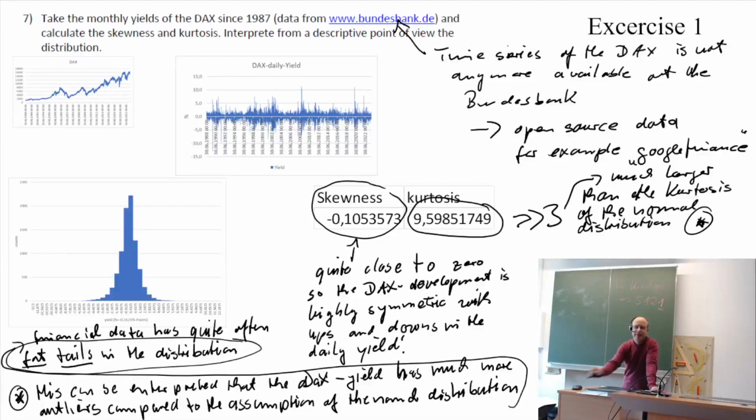On the other hand, we still quite often use the normal distribution in order to describe also financial data. I don't know, have you already heard of the so-called Black-Scholes formula in order to price options in financial markets? No?